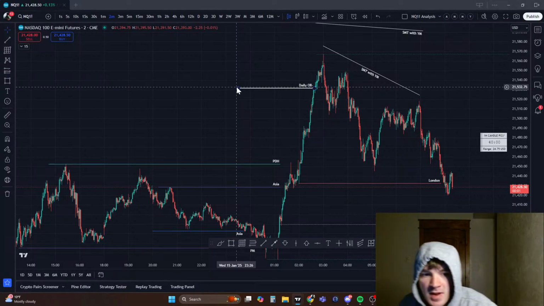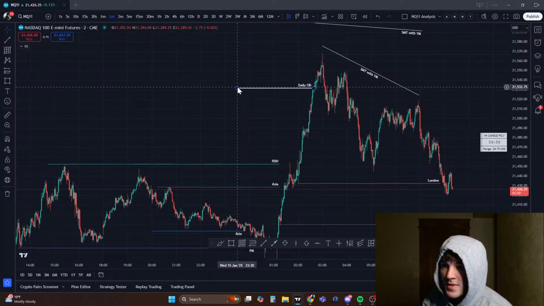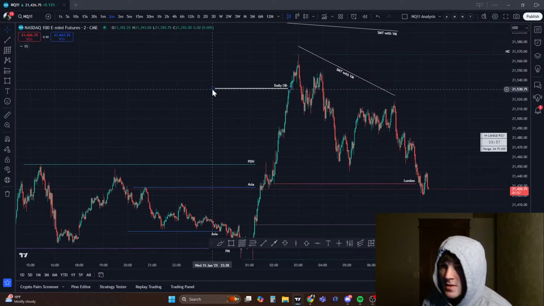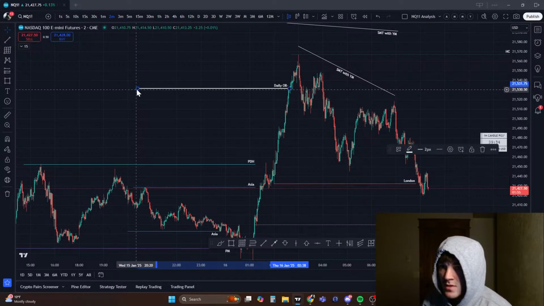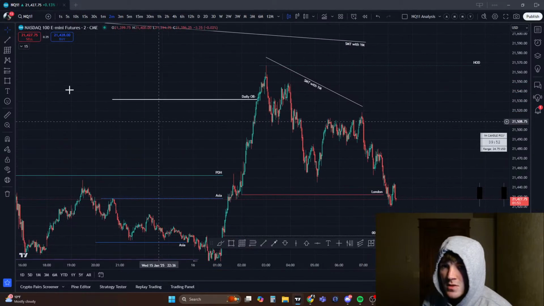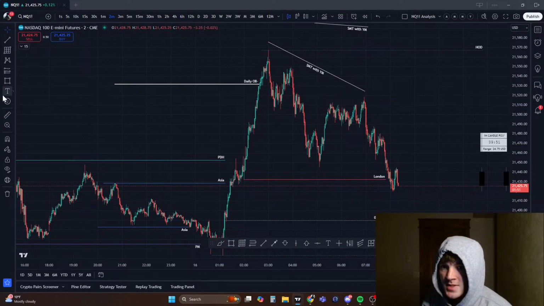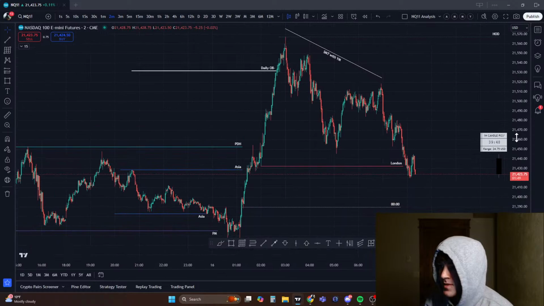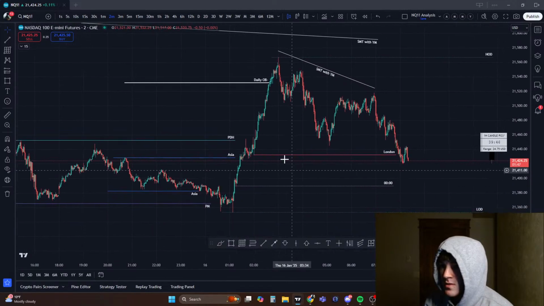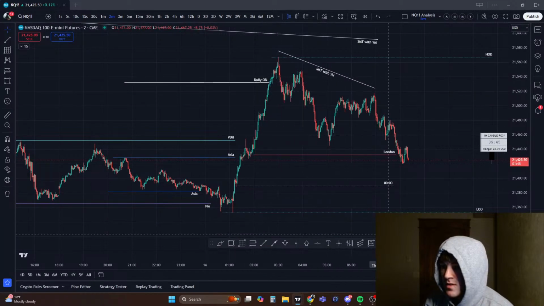I think you can frame a sell model here off of this daily order block. I'm honestly thinking this could be a sell model because we hit this daily order block.